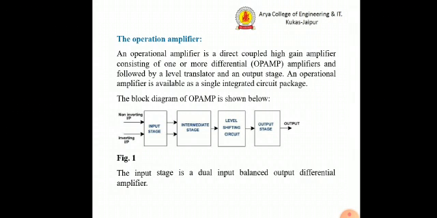Since DC coupled amplifiers are used in both the input stage and intermediate stage, there has to be some level shifting at the emitter region. That level shifting is adjusted by the third block, which is known as the level shifting circuit.